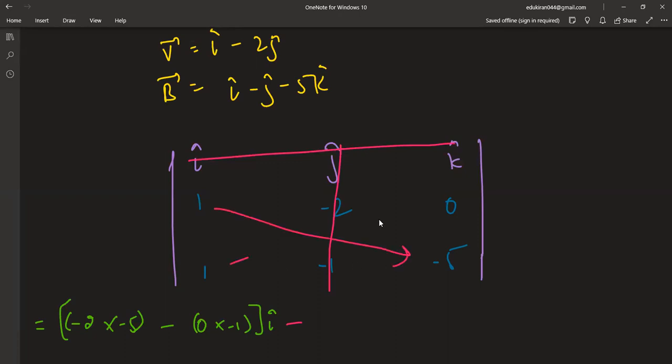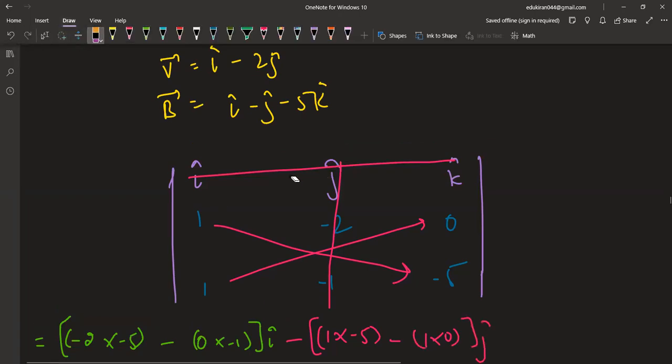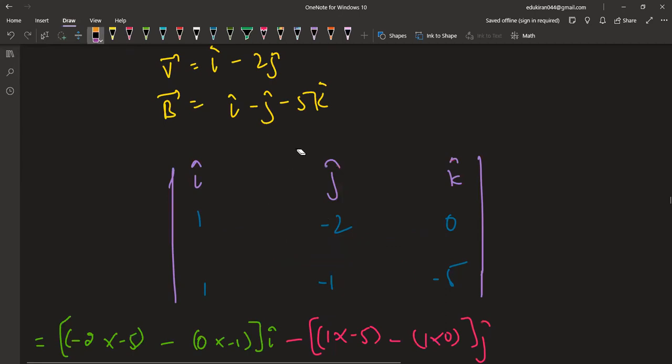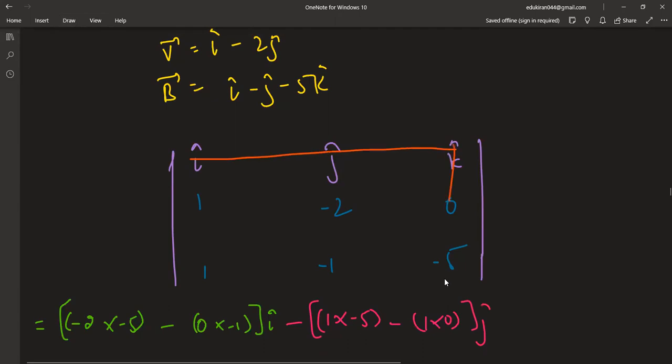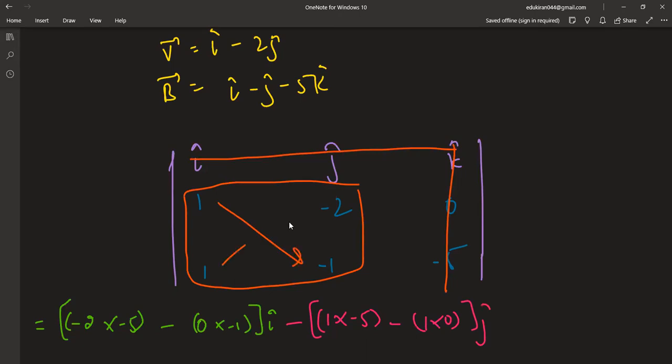Then go vertically down, vertically up: 1 into minus 5 minus 1 into 0. This is j cap. J cap also done. So this is a revision from your class 11 topic. Last, eliminate this. You are left with these 4, going vertically down, vertically up. That means plus 1 into minus 1 minus 1 into minus 2. This much is k cap.